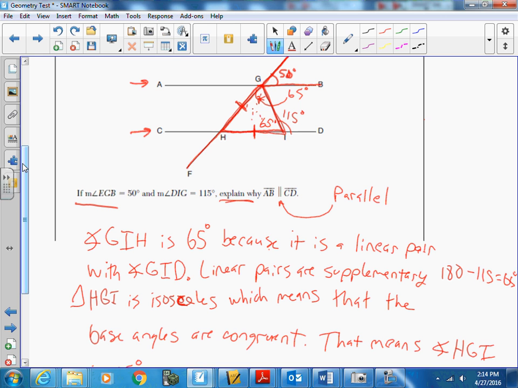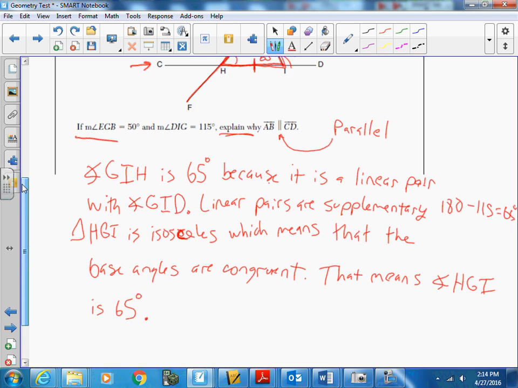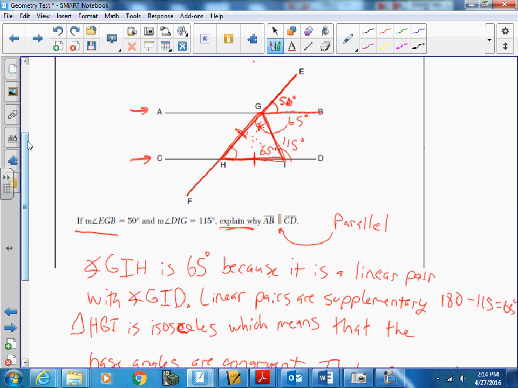And as long as we're at it, we can get the angle GHI, right? We haven't gotten that one, right? GHI. So GHI, we know that the triangle is 180 degrees.